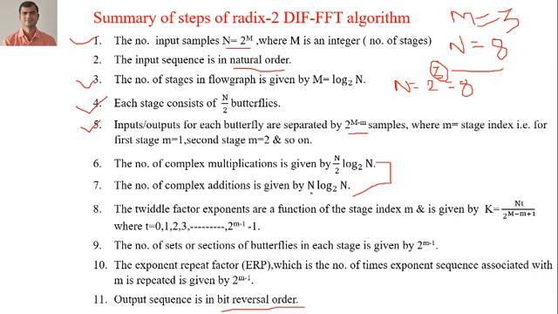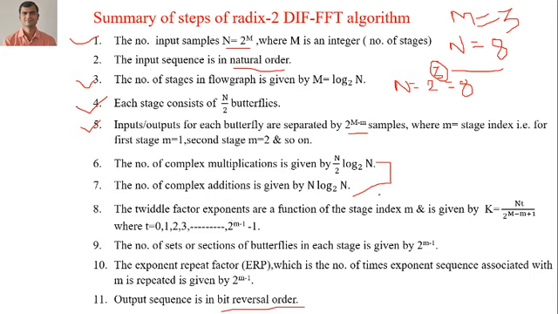The twiddle factor exponent is given here. K is equal to N t divided by 2 raised to M minus m plus 1, where the range of t is 0 to 2 raised to m minus 1 minus 1.